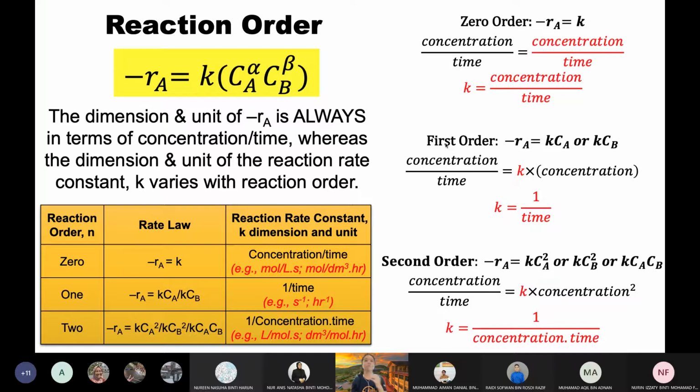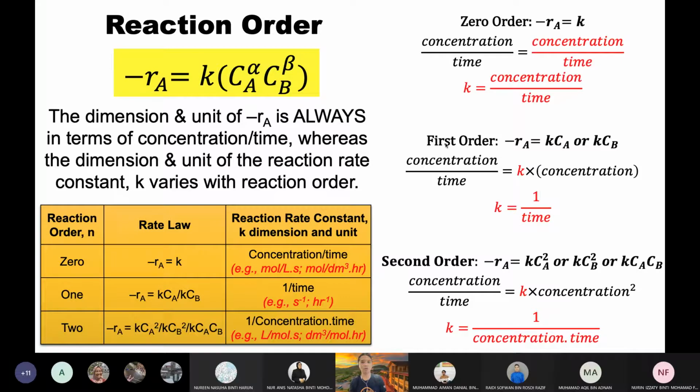Okay, next. Now, let's talk about K. We already talk about minus RA. We already talk about reaction order. Now we understand K. Okay, so what's K? So as I told you, K is a reaction rate constant, and actually you have to understand the unit of K will change according to the rate law.